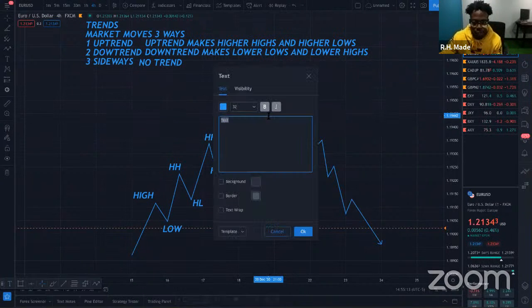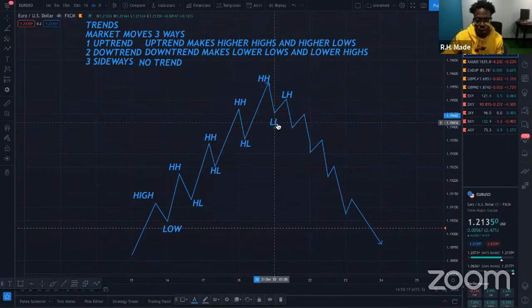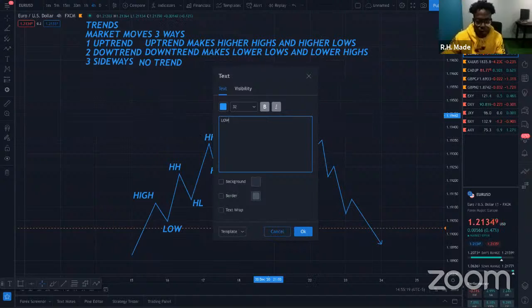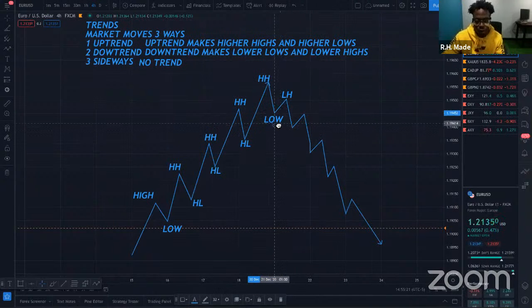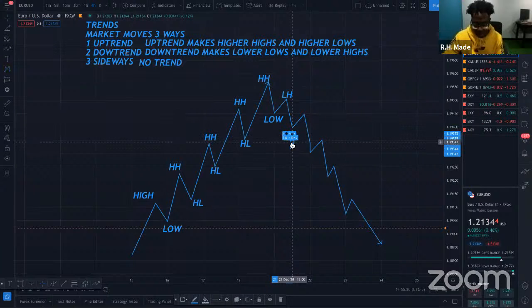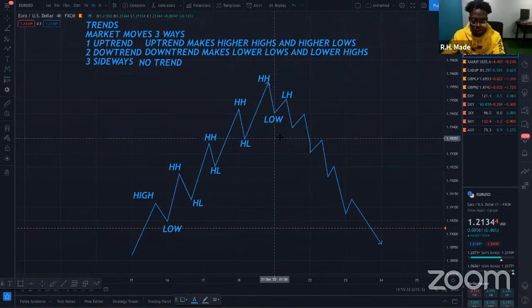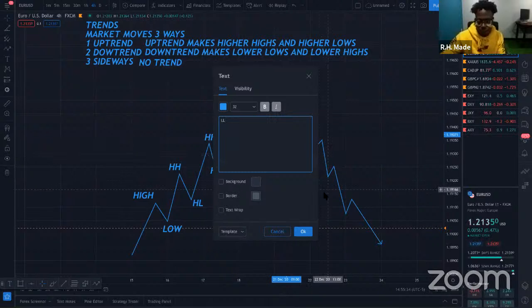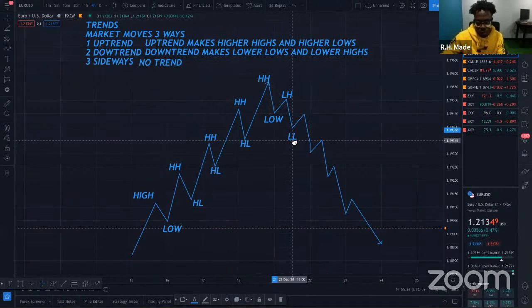Then you create a lower low. Well, this is technically your first low. Now it's going to make a lower low, because this low is lower than this low.